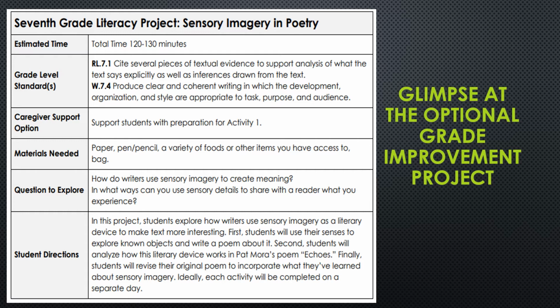That's the text that you're going to be using for your project. Finally, students will revise their original poem to incorporate what they've learned about sensory imagery. Ideally, each activity will be completed on a separate day, so you do not have to get all of this done in one day. I will share with you all the due dates and further information later on after this lesson.